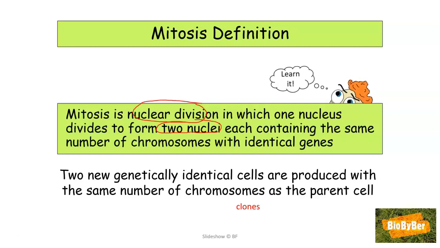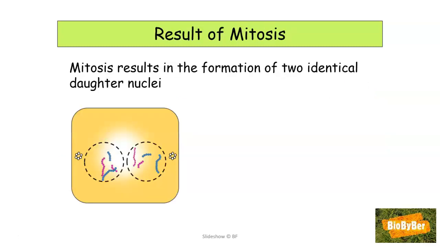So, we can see, following mitosis, that it results in the formation of two identical daughter nuclei. The process could then stop there.